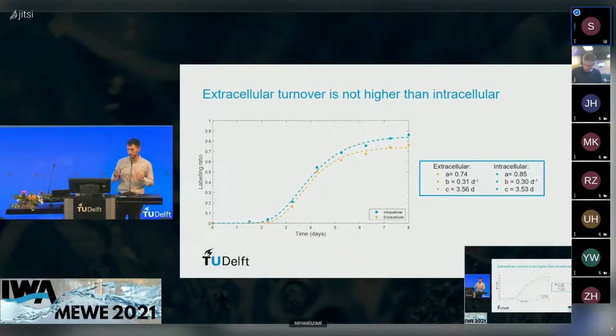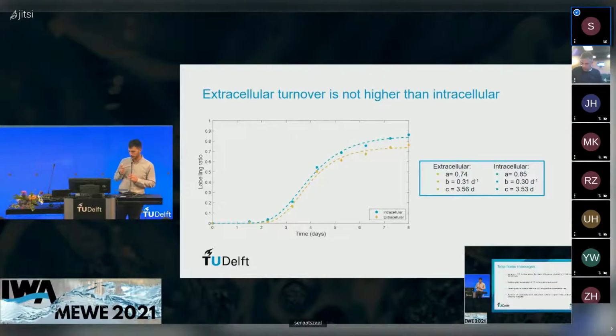But in this case, we don't see that. We see the opposite, or well, they are pretty similar at the end. So that would show that extracellular proteins are at least as stable as the intracellular ones. And that doesn't go with the idea that we had at the beginning, at least for the proteins.